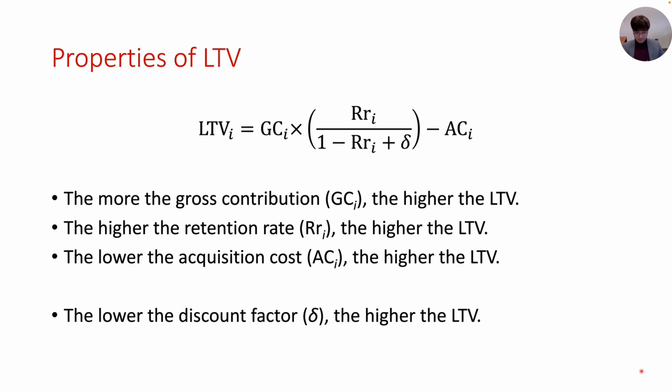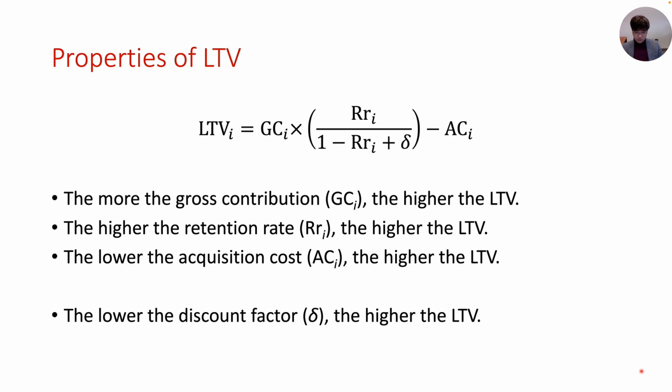This formula is simple, but provides us with a lot of intuitive marketing implications. Because LTV is a metric to measure profitability, enhancing LTV implies improving profitability. Then, when does LTV become high? First, the more the gross contribution, the higher the LTV.